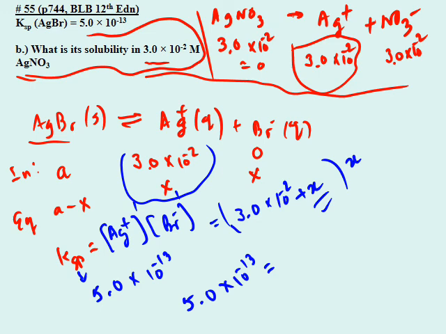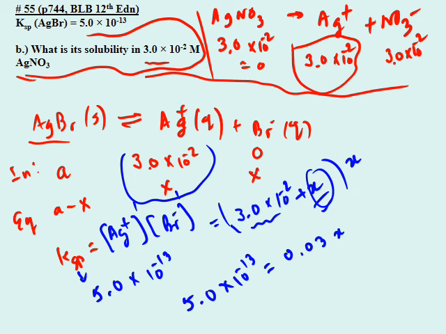So I would have 0.03 times X. We ignored this X, assuming that X is very small compared to 0.03. So we're assuming that the addition would be the same as 0.03.